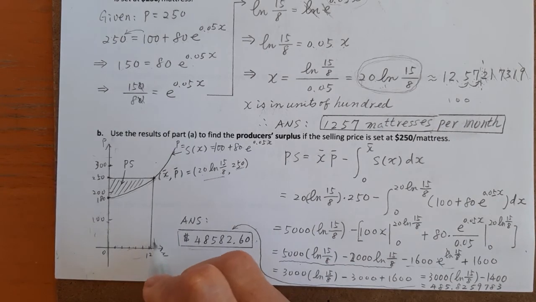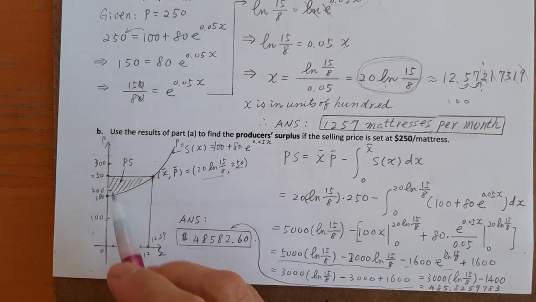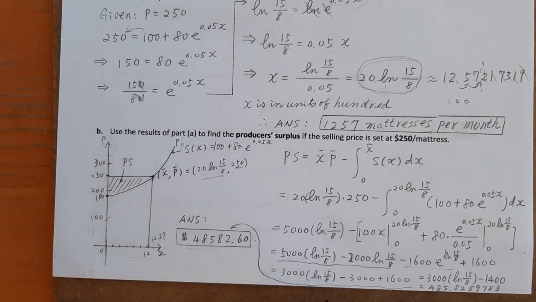Before this point, 12.57, the price is under the selling price, it is lower than the selling price. And then this area is the producer surplus.